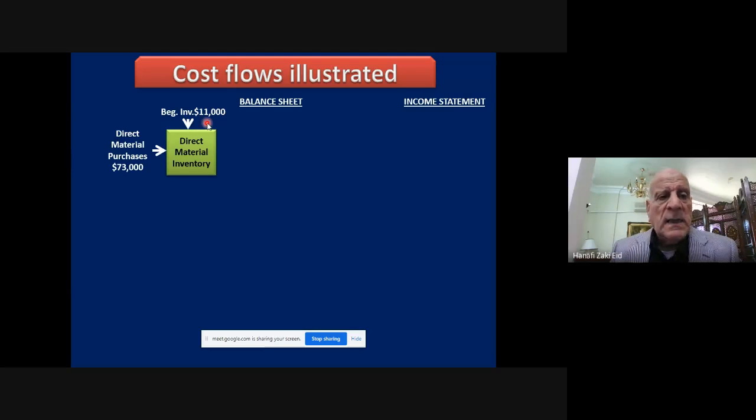So if we add $11,000 to the purchases of $73,000, the total will be $84,000. This $84,000 represents total costs of materials available for use.